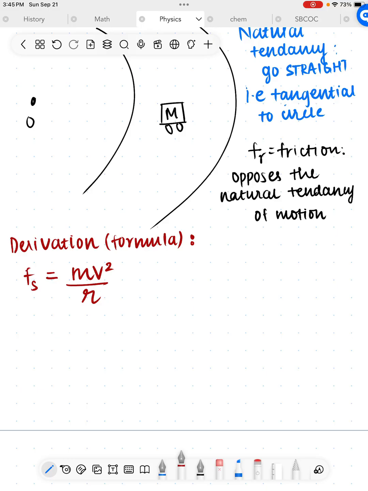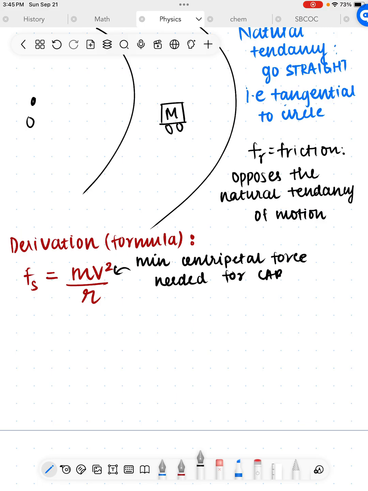Because this is the minimum centripetal force needed for the car to continue in motion.